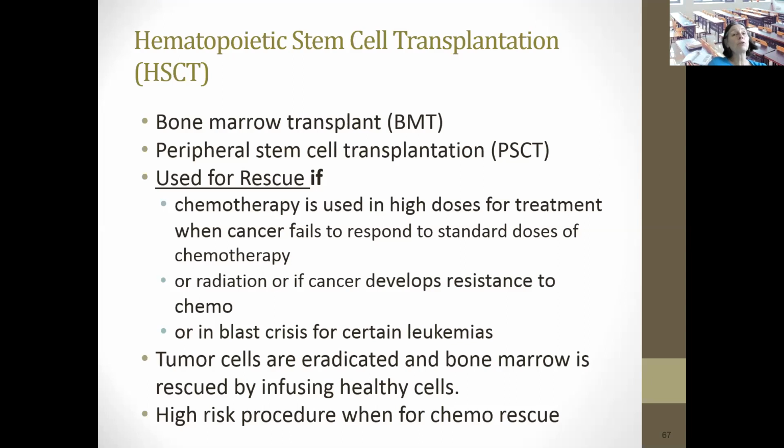And in some leukemias, and we're going to talk about leukemia in a different lecture, they get a blast crisis. So they have no mature white cells, and their blast cells, which are immature baby ineffective white cells, are so high, and we can do stem cell transplantation to wipe out that overgrowth of the leukemic cells and hopefully restore healthy bone marrow.